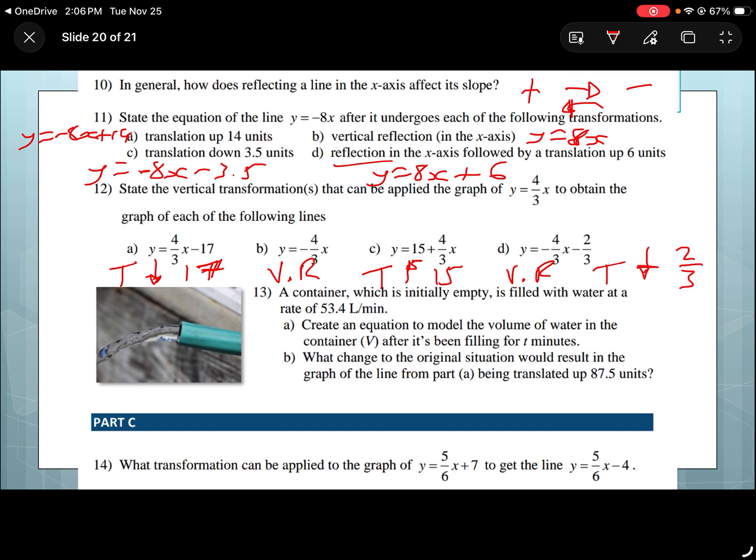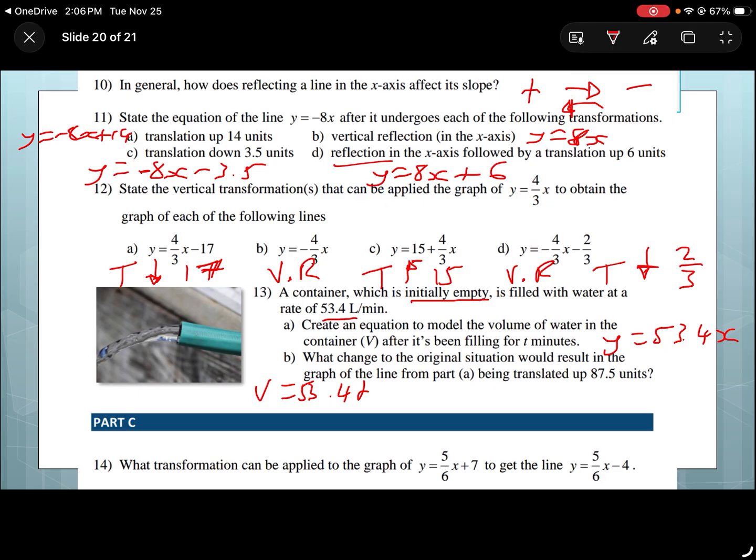A container which is initially empty is filled with water at a rate of 53.4 litres per minute. Create an equation to model the volume. It says initially empty, so we know it's plus 0, and then this is your rate. So it's y equals 53.4x, or, the way they want it, v equals 53.4t.